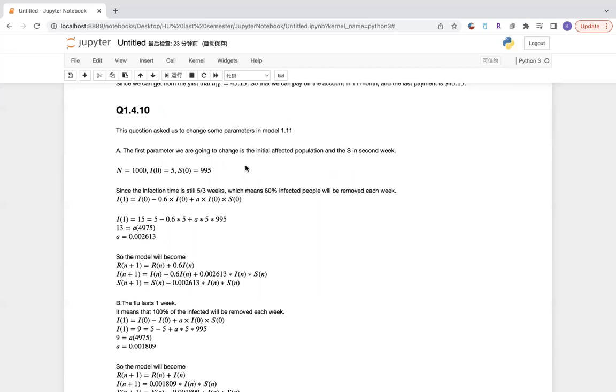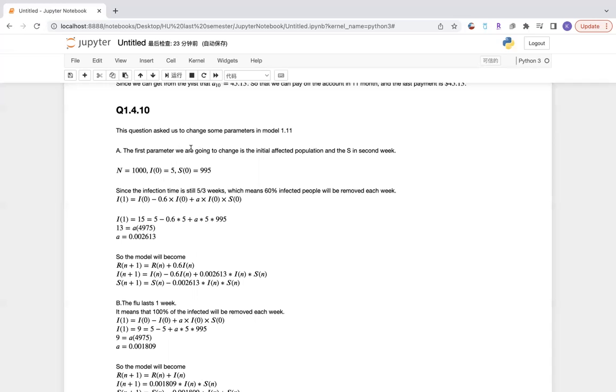This is a mistype. The factor we're going to change, I believe, is the population that is infected in the second week.